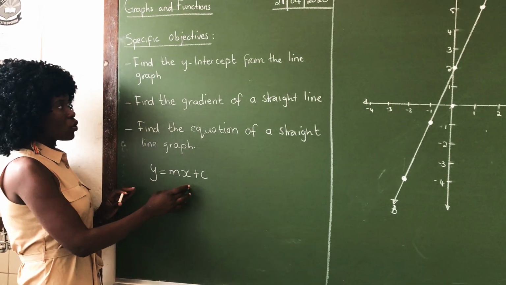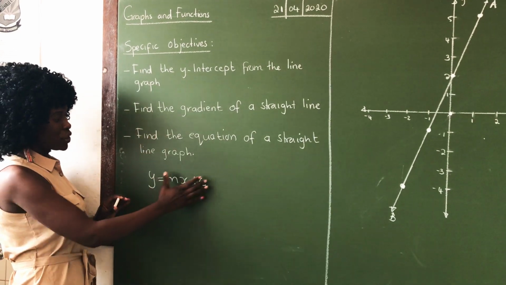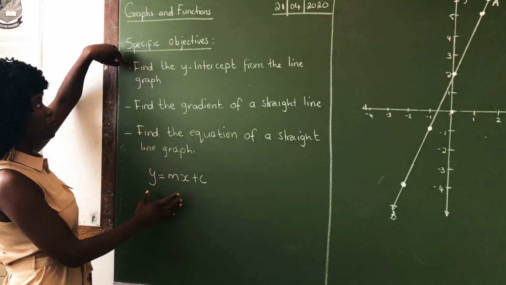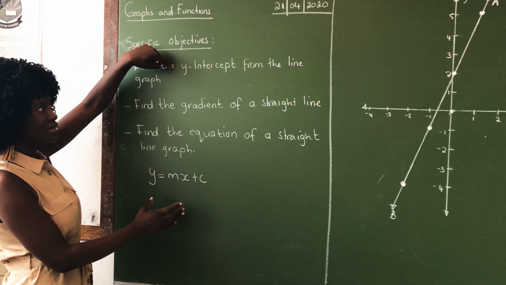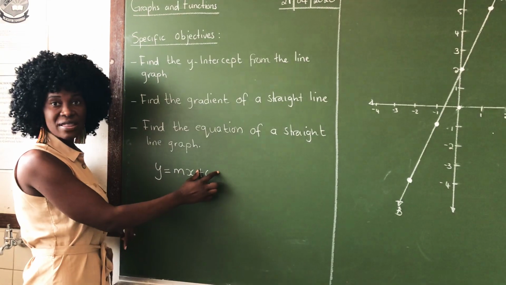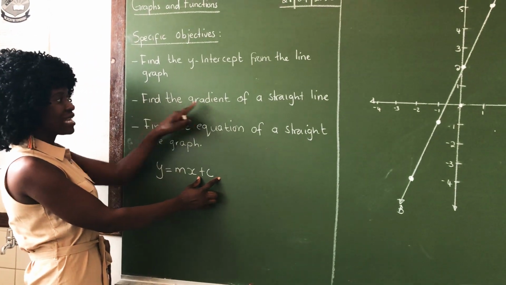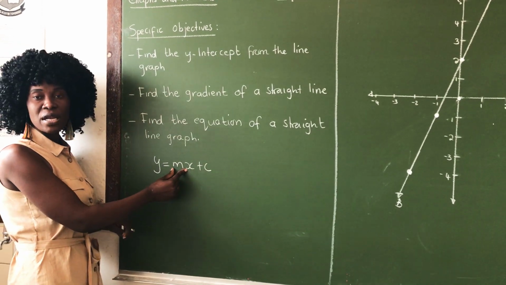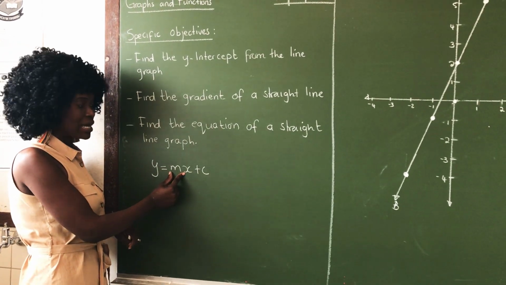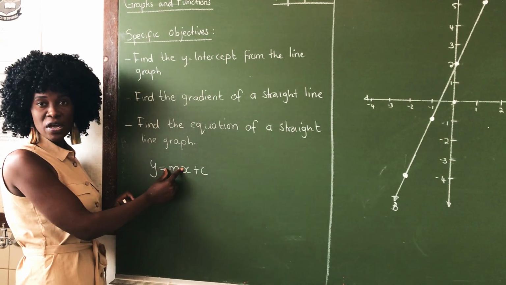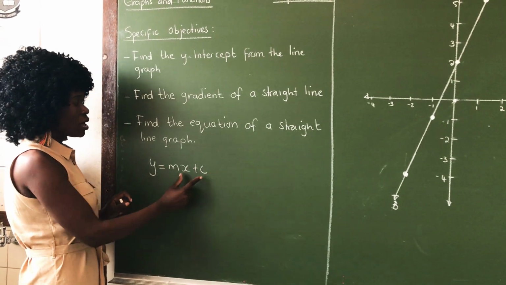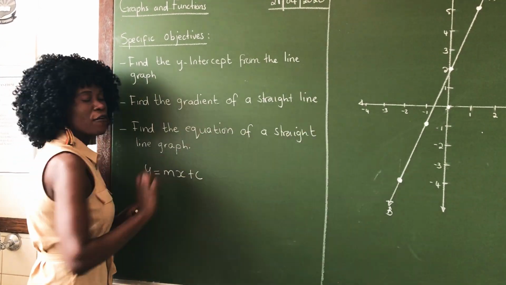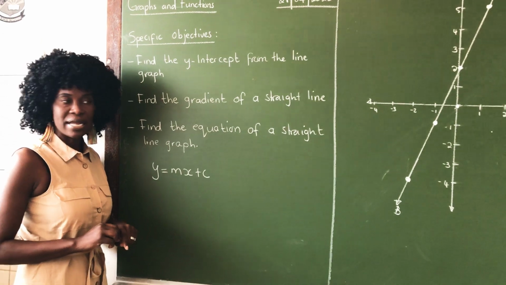So looking at this equation and the three objectives, the first objective, find the y-intercept from the line graph, means that we need to find the value of c. And then to find the gradient of a straight line basically means that we need to find the value of m from the straight line graph. And then once we have the value of m and the value of c, we substitute them into the general equation to formulate the equation of a straight line graph.